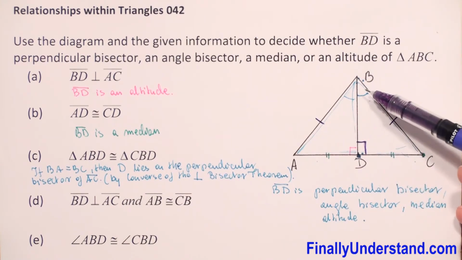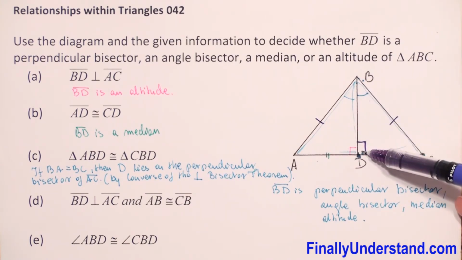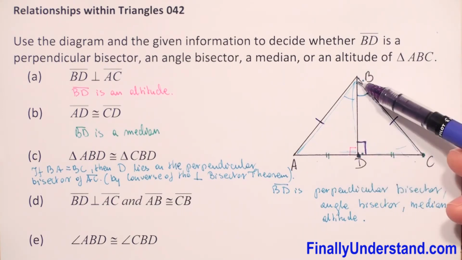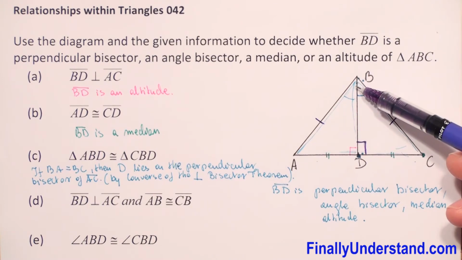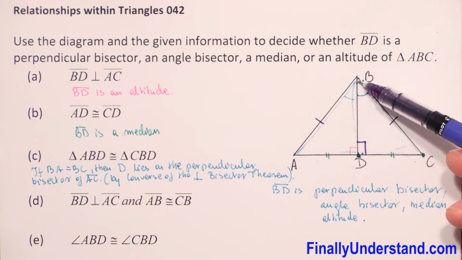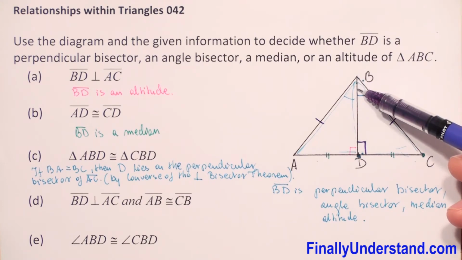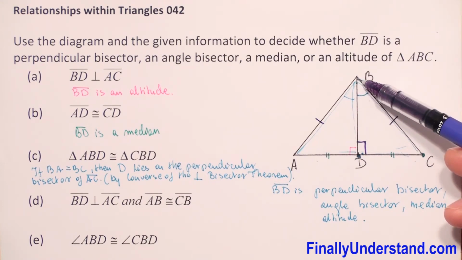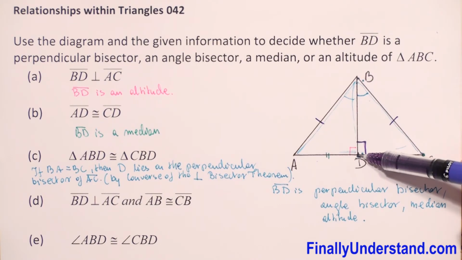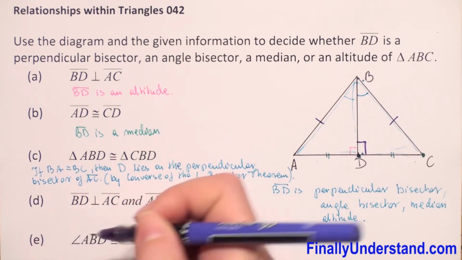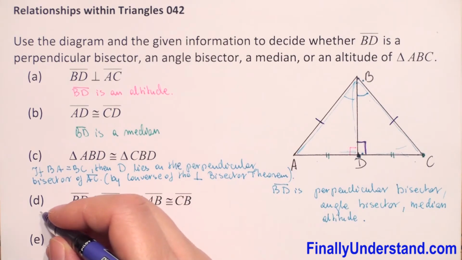Because BD is perpendicular to AC, BD is an altitude, because an altitude is the perpendicular segment from a vertex to the opposite side.